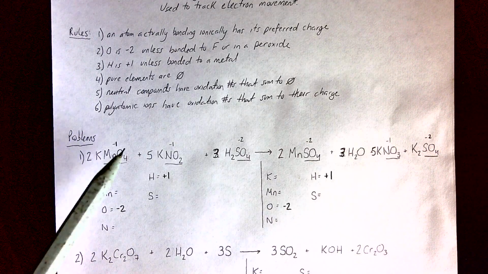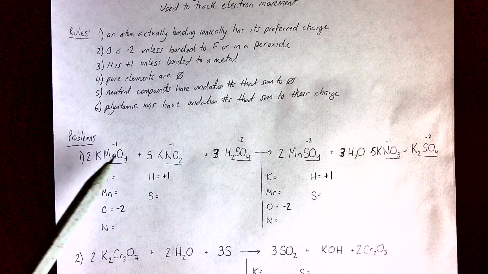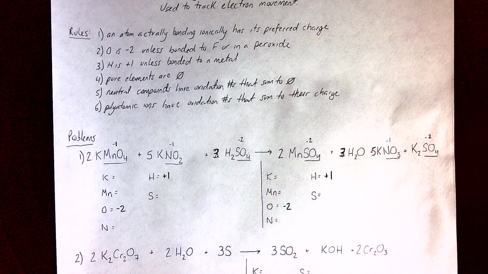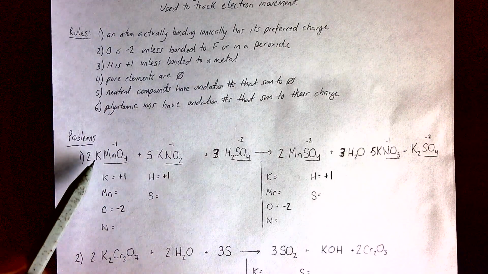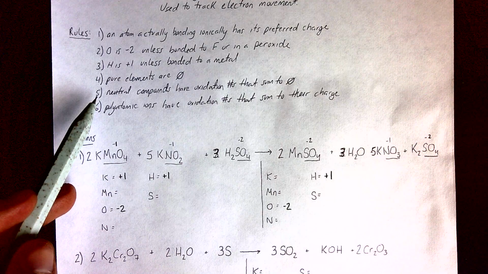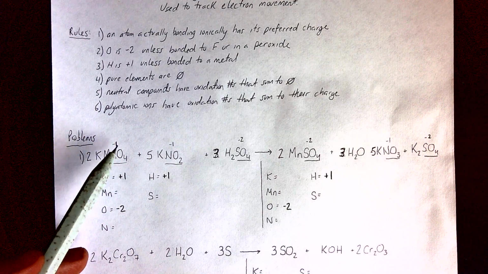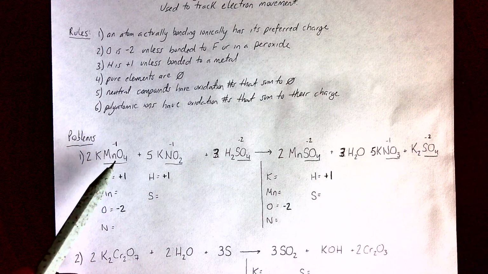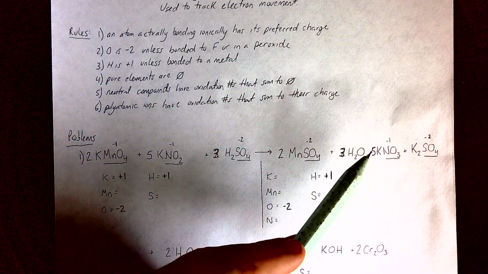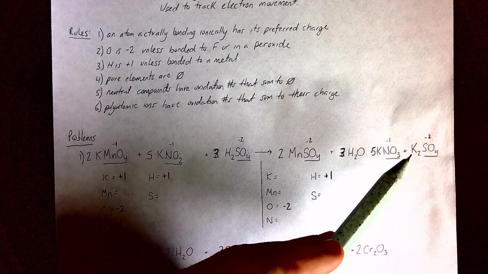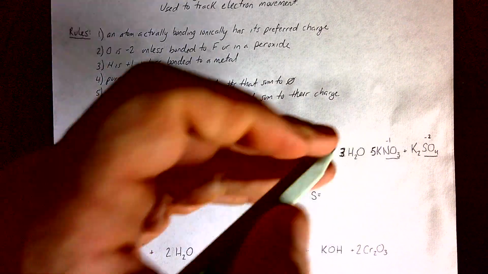Then I can notice that potassium is taking part in an actual ionic bond, and potassium's preferred charge is +1, which also helps me with rule 5, because entire compounds that are neutral need to have oxidation numbers that sum to 0. +1 -1 is 0. +1 -1 is 0. +1 -1 is 0. And here it is +1, but there are 2 of them. +2 -2 is 0.